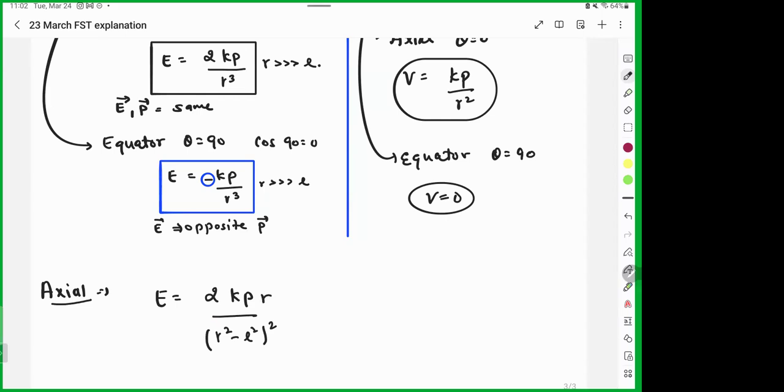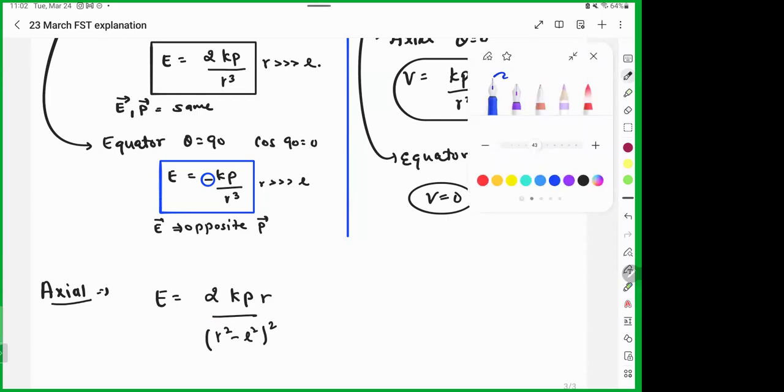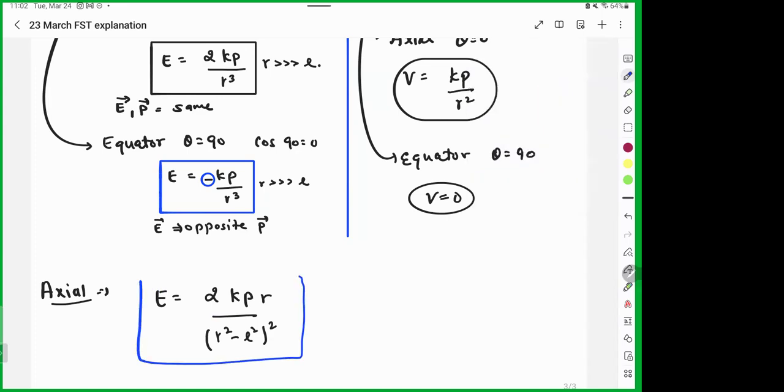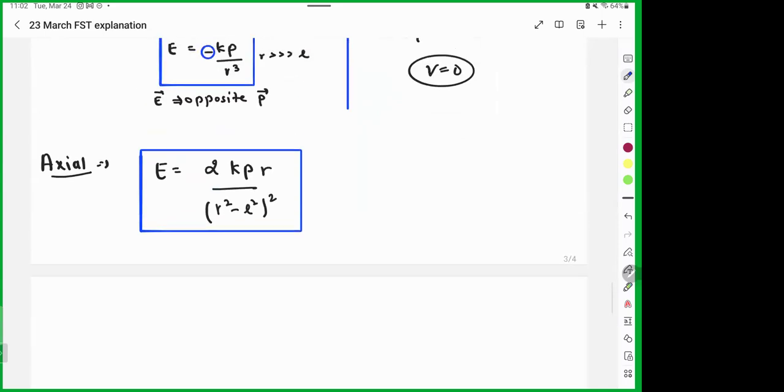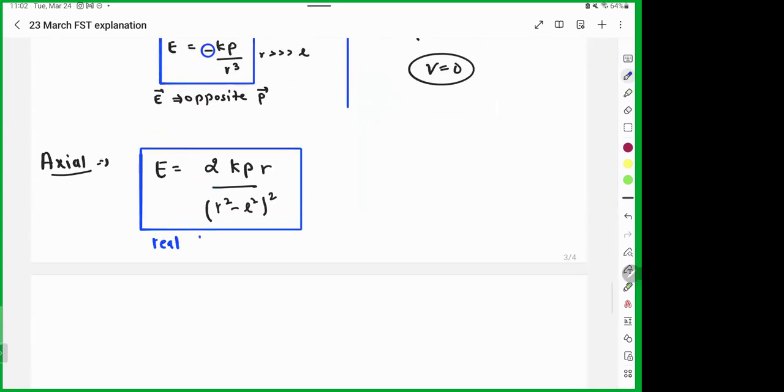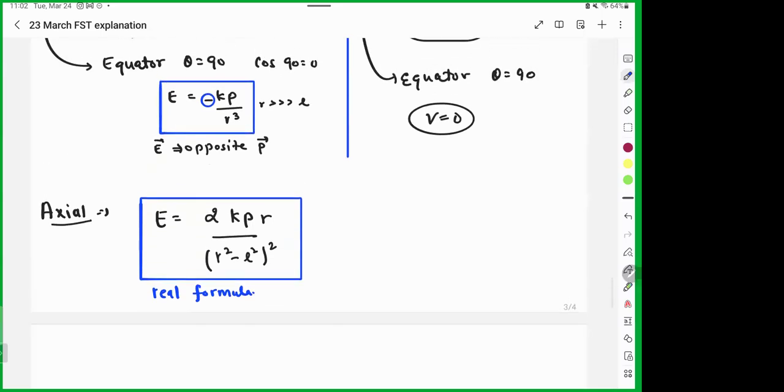This is the real formula. You might ask, sir, why you are saying this is a real formula? Other formula is not real formula? No. What you see is this special case.